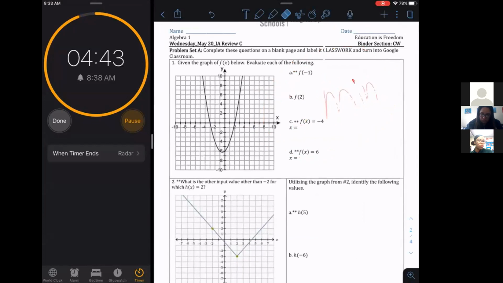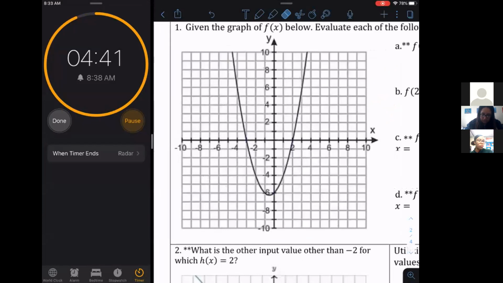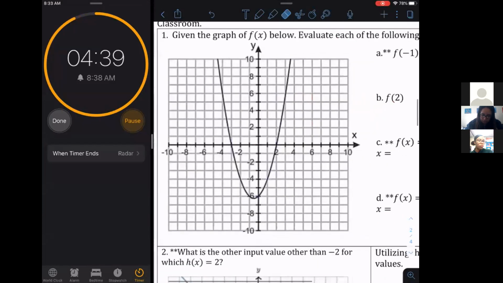I'm going to zoom into the graph in case you want to be able to see it super big. Okay, there it is.